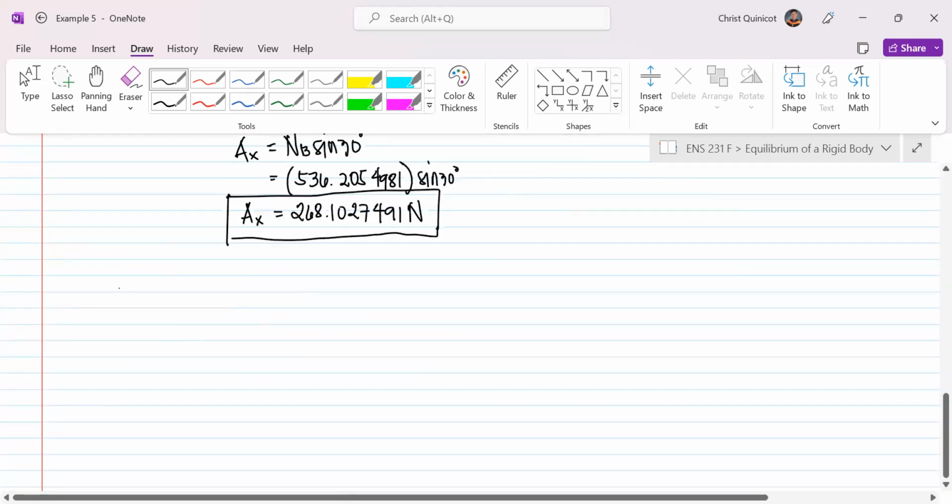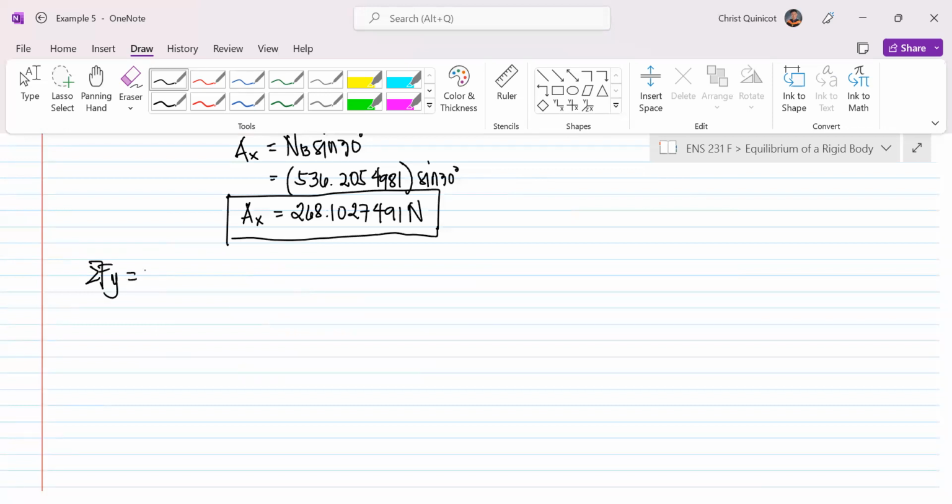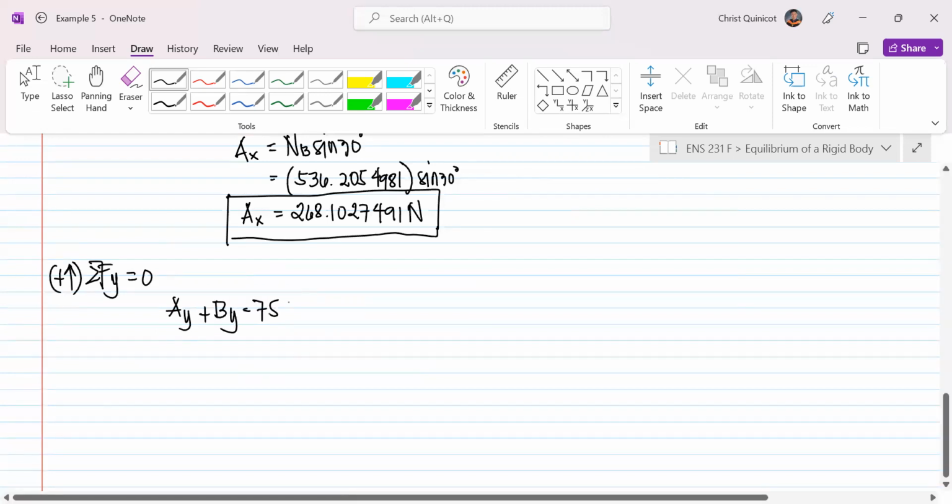Now, let us proceed to the force summation in Y equal to 0, assuming upward positive. This gives us A sub Y plus N sub B Y minus 750 is equal to 0.